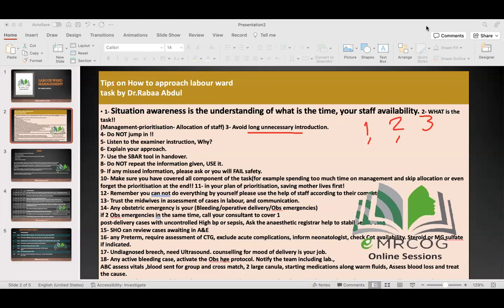Put in your mind, what shall I do? Listen to the examiner's instruction again and again, please. I always advise my candidates, in the face-to-face exam, you will be given a piece of paper or a notebook and a pencil. Please write down whatever the examiner asks in the structured discussion.